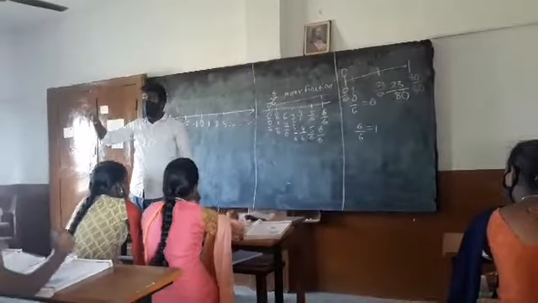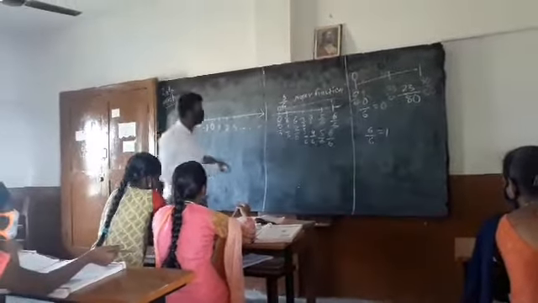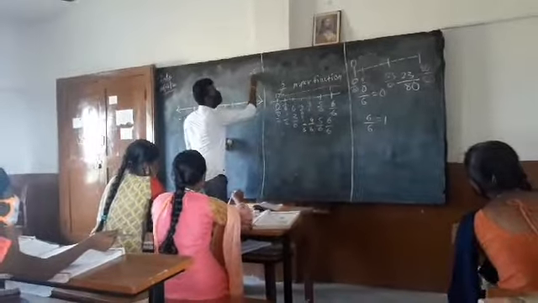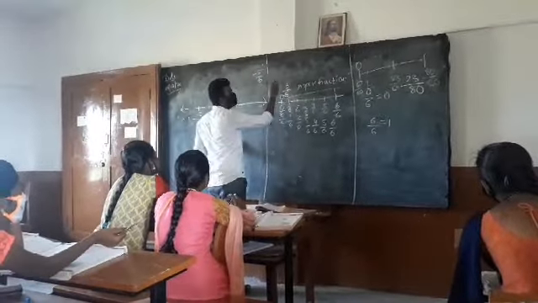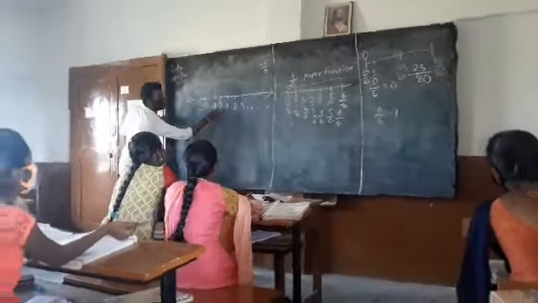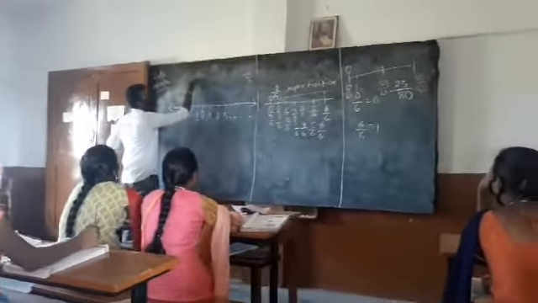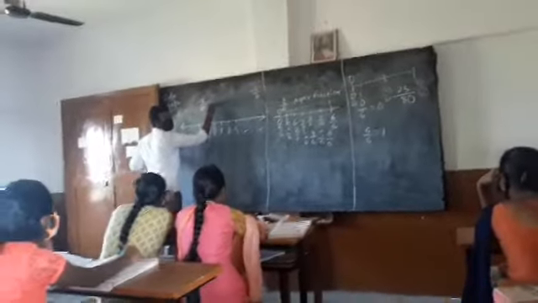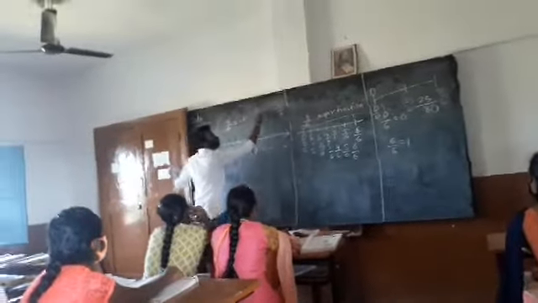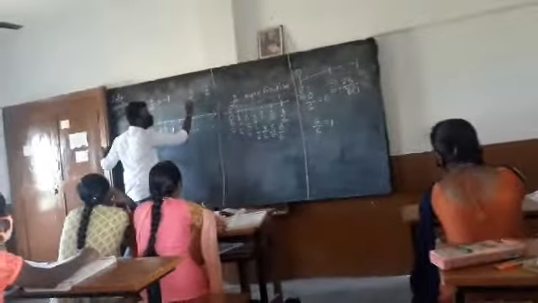Even if it is negative, don't worry. Suppose minus 5 by 6 is given. Then it lies between 0 and minus 1. How? Minus 6 by 6 is nothing but minus 1, and 0 by 6 is nothing but 0.